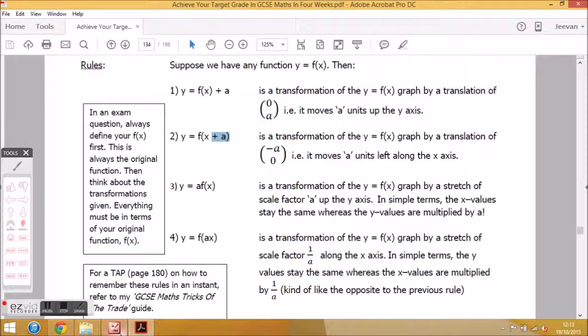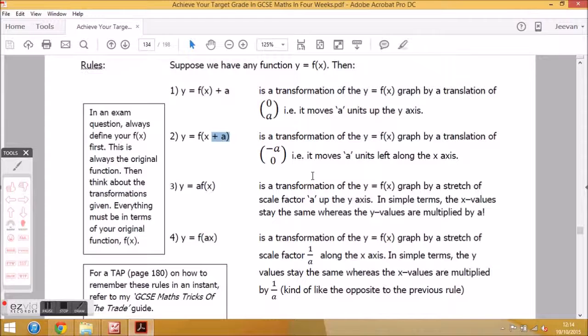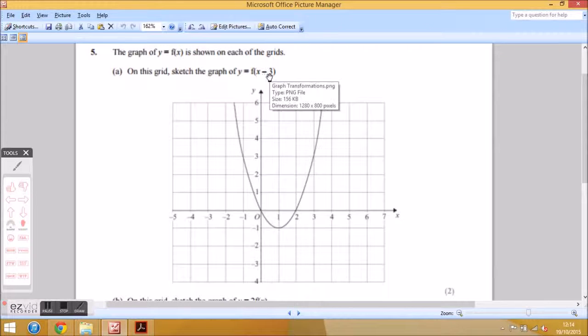It says y is equal to f(x minus 3). So this graph is going to move to the right, because remember, when it's a positive, it moves towards the left. It does the opposite when it only affects the x coordinates.